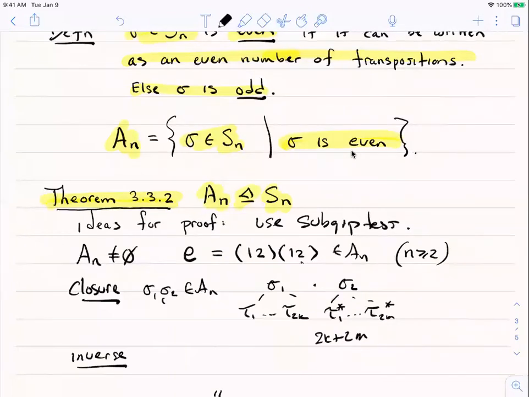So sigma is a product of, say, these transpositions, tau 1 to tau k. Well, Socks and Shoes says that sigma inverse is a product of those things' inverses in the reverse order, yeah? But tau is a transposition, its inverse is itself.